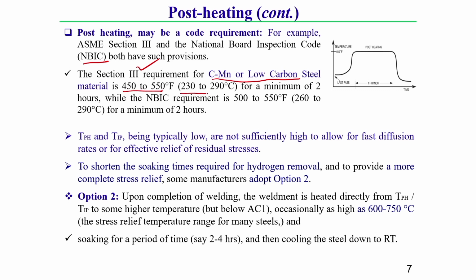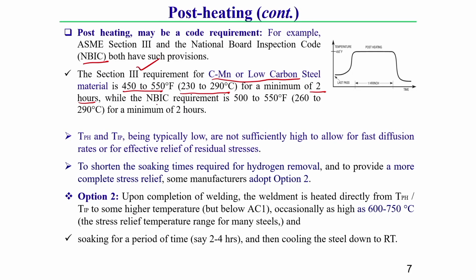In centigrade it is 230 to 290 degree centigrade for a minimum of 2 hours. You should keep this in mind. So, according to this Section 3 ASME code, we should do the post heating by this temperature and this minimum time, otherwise our post heating will not satisfy the code.